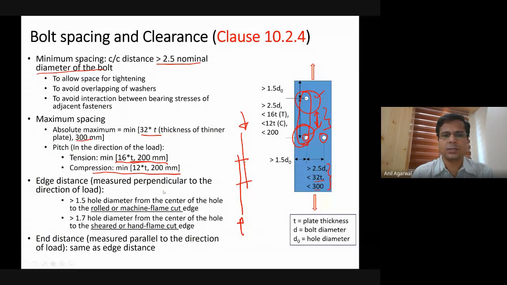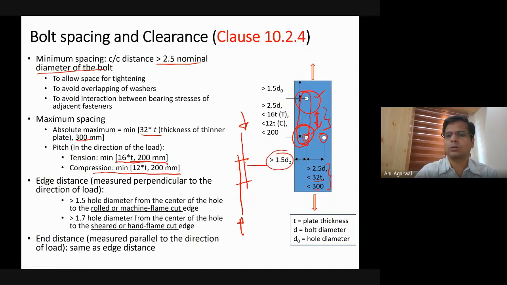Edge distances we had discussed: 1.5 times the hole diameter, that is 1.5 times D0, or 1.7 times D0. I have not marked it here, but it's 1.5 times or 1.7 times based on what type of edge this is.